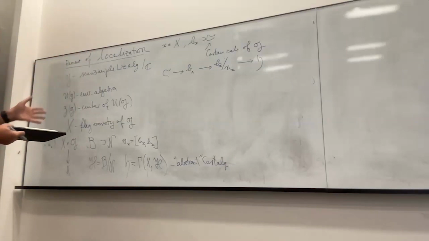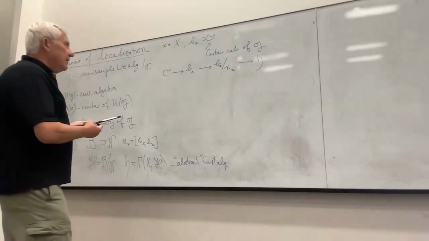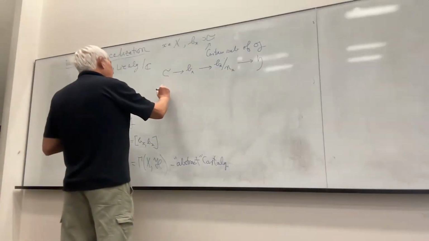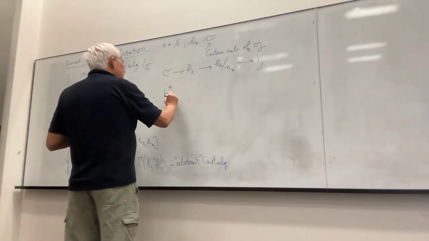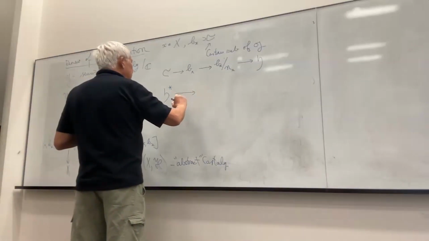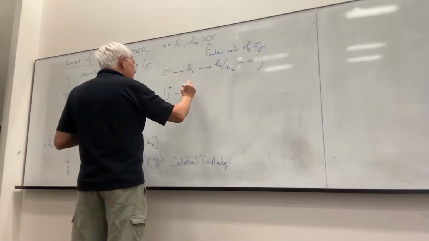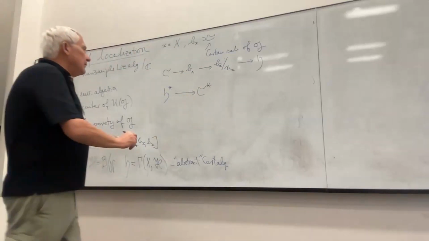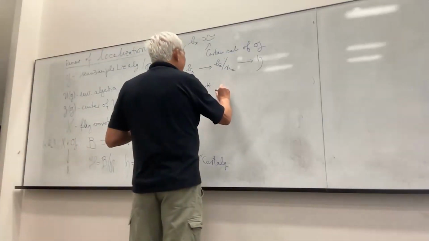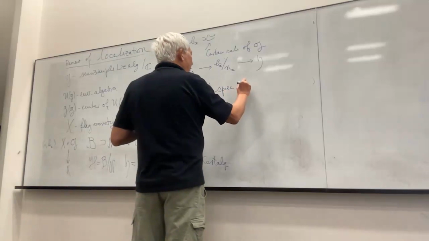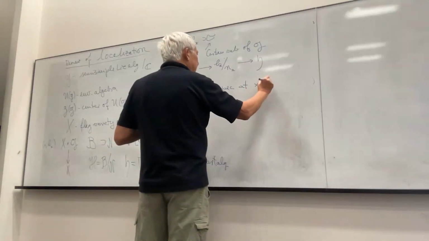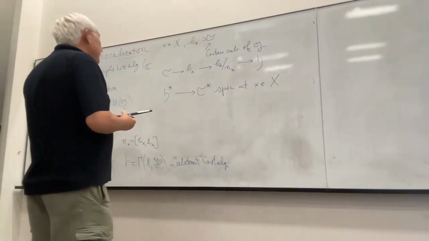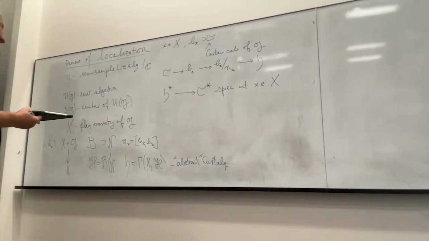with the abstract Cartan algebra, and then we can look at the dual map, which goes from h star into c star, which we call specialization at the point x in X. So this is used to label the parameters.